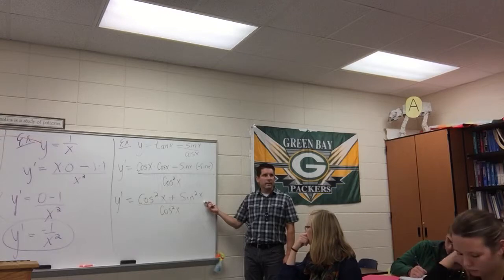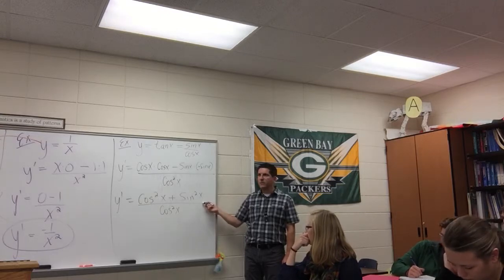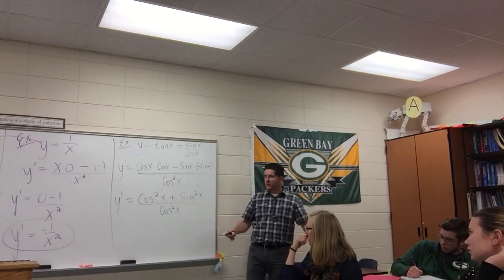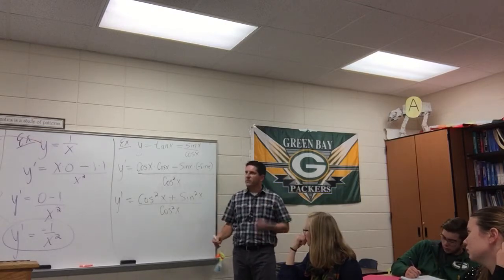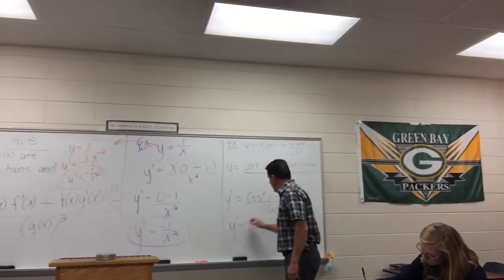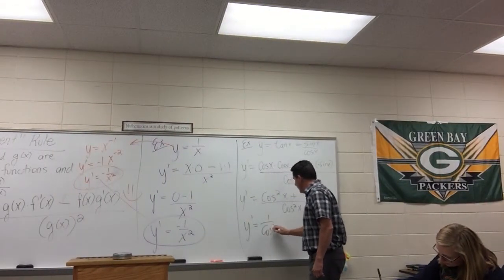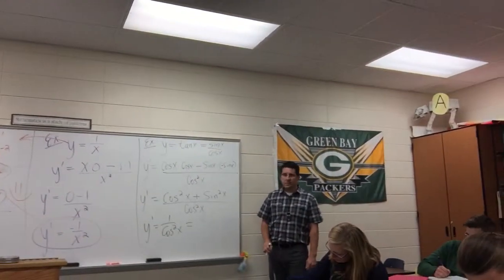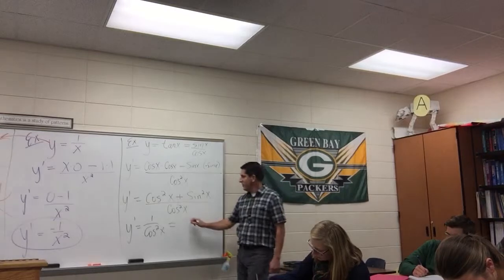That's our identity. Sine squared x plus cosine squared x equals 1, which goes back to the unit circle, and really its foundation is the Pythagorean theorem. So this is equal to 1 divided by the cosine squared of x, which is secant squared.